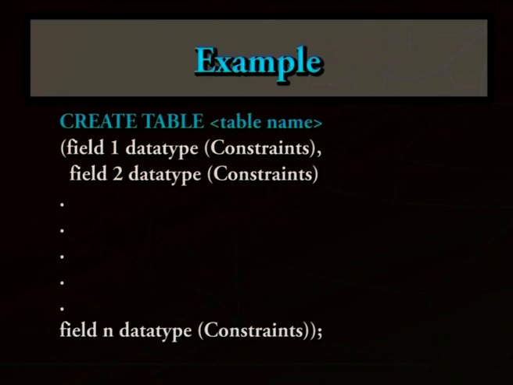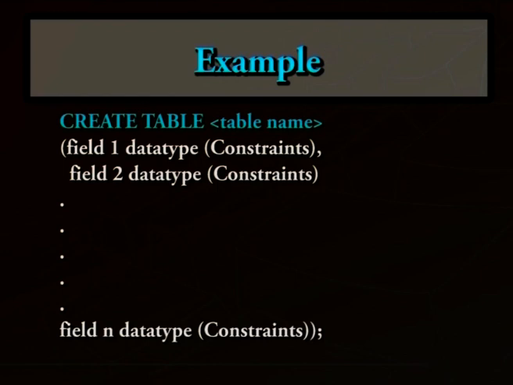To create a table, the CREATE command can be used as follows. Look at the syntax of the CREATE TABLE command: CREATE TABLE table_name (field1 data_type constraints, field2 data_type constraints, and so on up to fieldn data_type constraints).